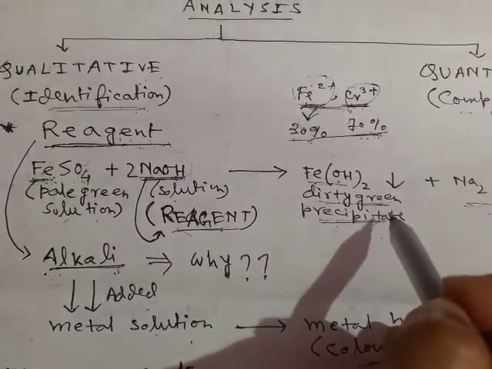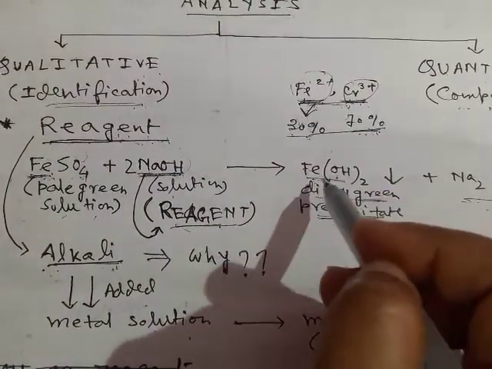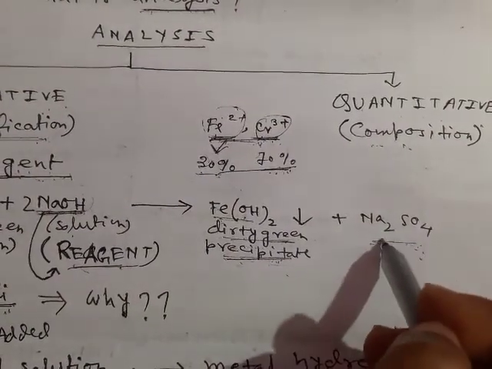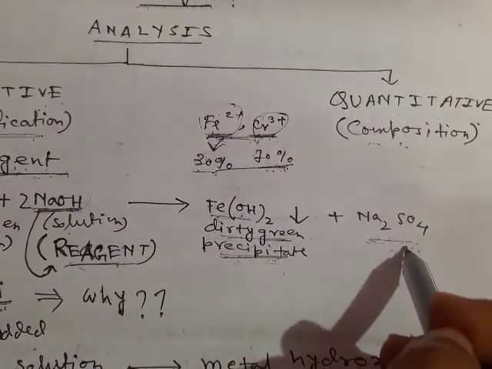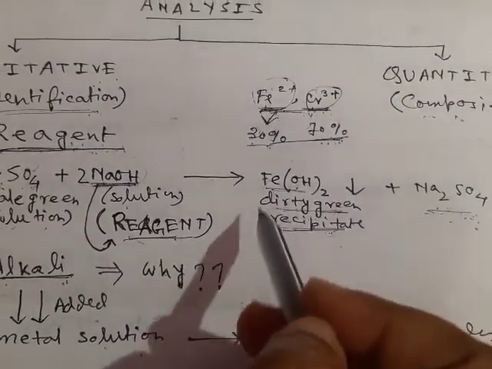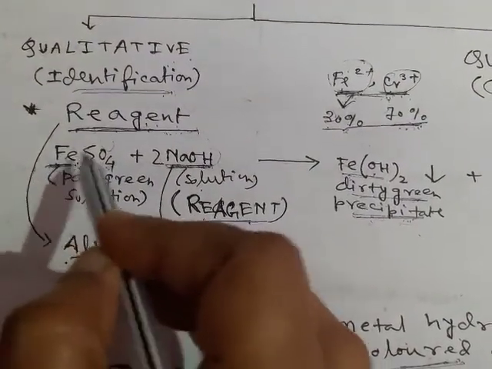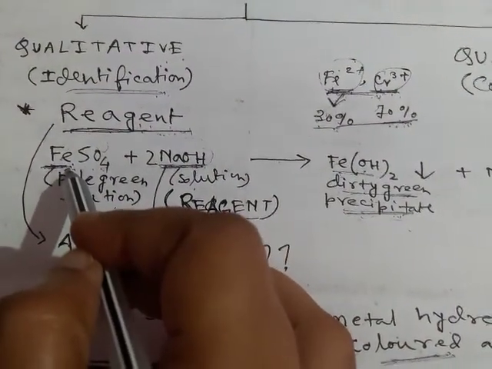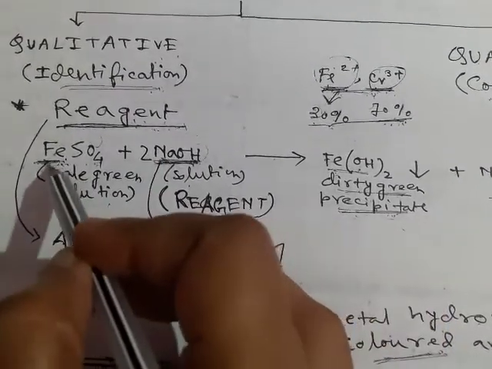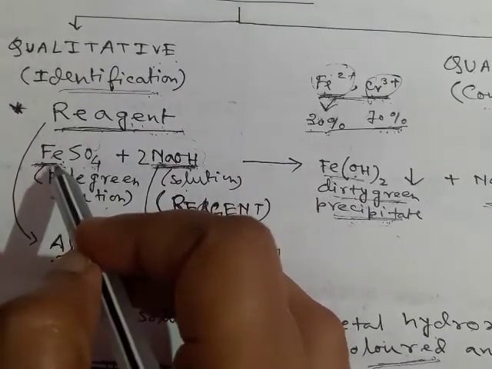So from this color of the precipitate you can identify it as ferrous hydroxide. And there will be formation of sodium sulfate which is soluble in solution, and this is colorless. Thus from this dirty green precipitate you can identify the particular ion present in that sample solution is ferrous ion. So here sodium hydroxide is used to analyze the iron, ferrous ion.